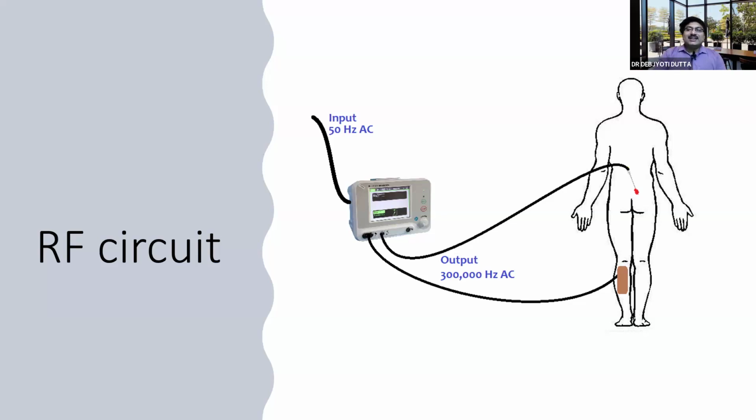If you hit the needle with 50 hertz current, ultimately the patient will die in shock, or will have convulsions because of neurostimulation. So we increase the frequency to a high level, which is non-physiologic current, so that it will produce heat at the needle tip, but it will not cause any other physiological effect of the current.